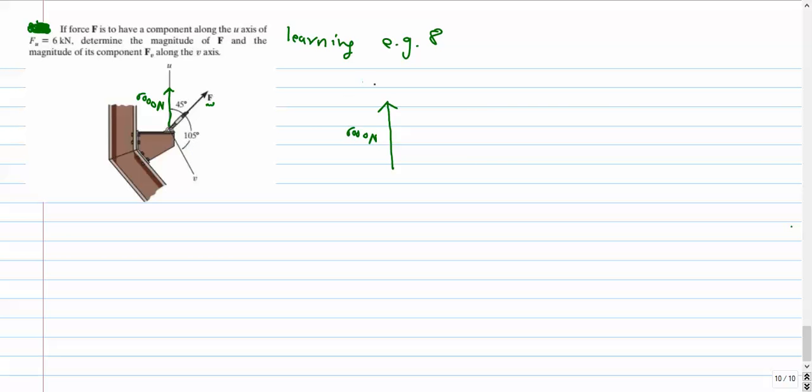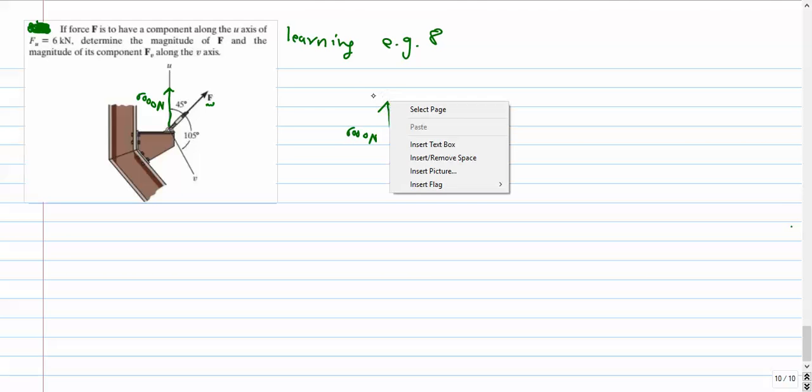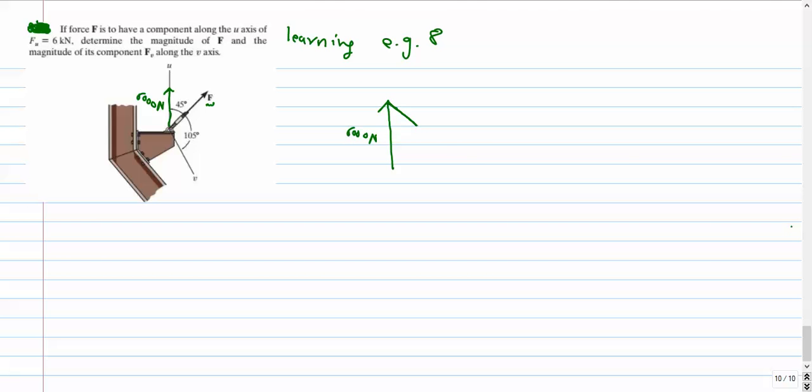So let's draw that. Something like this. And lastly, we know that the vector for the force F is like this, and it makes an angle of 45 degrees with its u component.